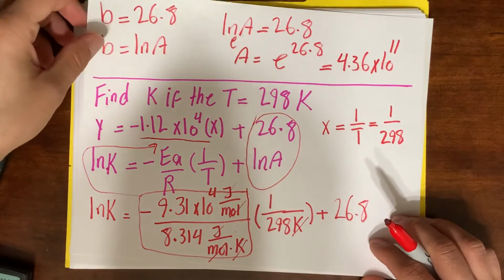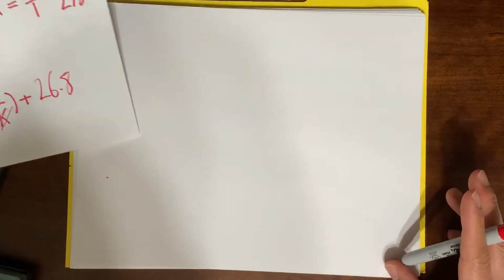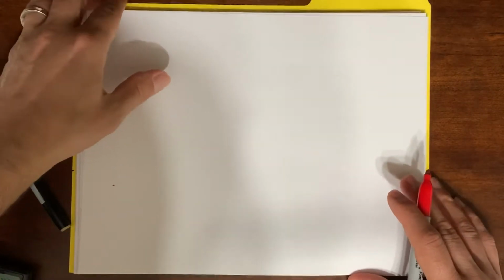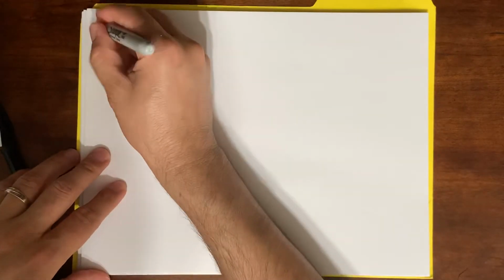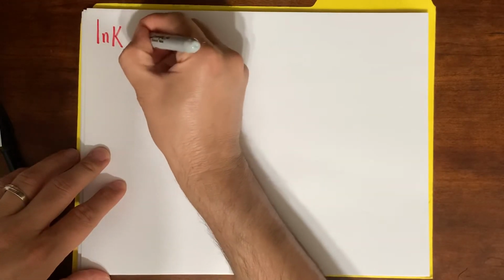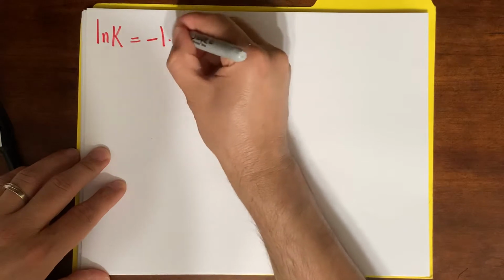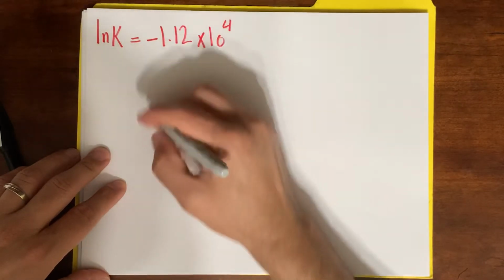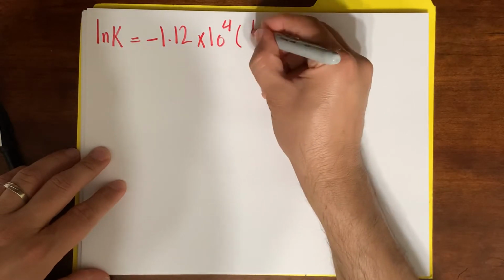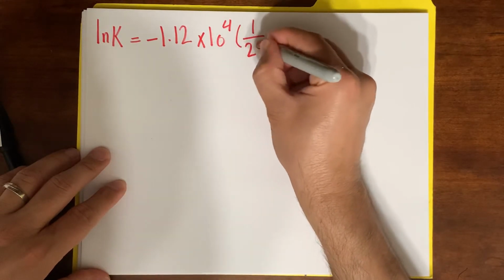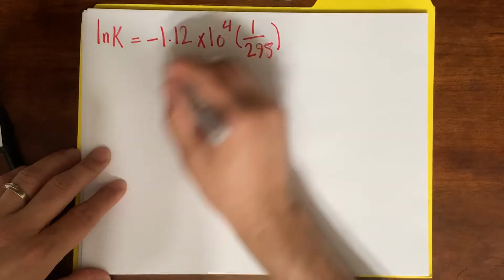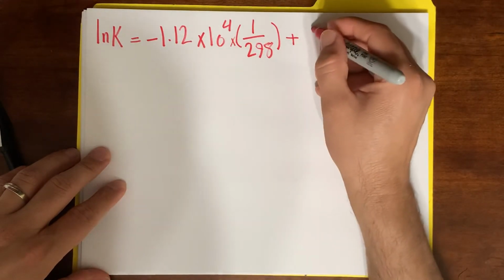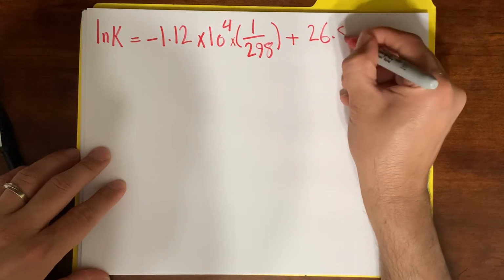Okay, so I go with here. I have ln of k equal to minus 1.12 multiplied by 10 to the power of 4, and we have 1 divided by 298 also, plus 26.8.